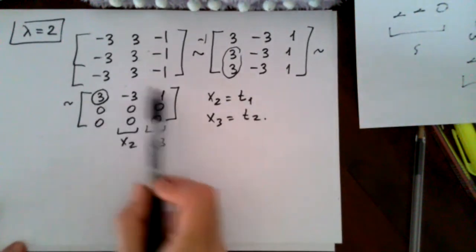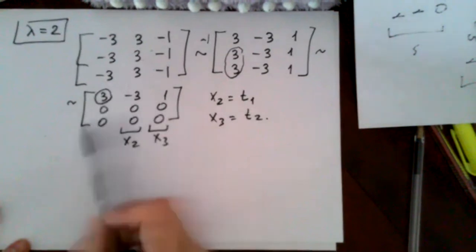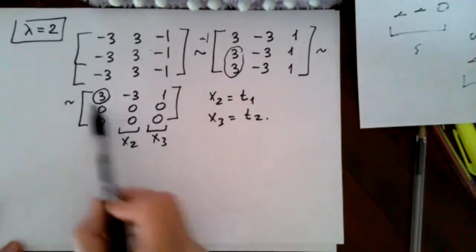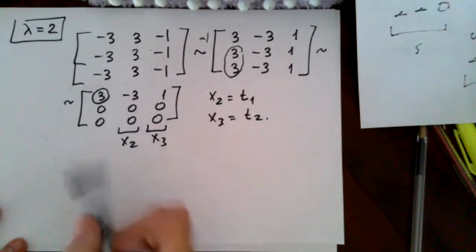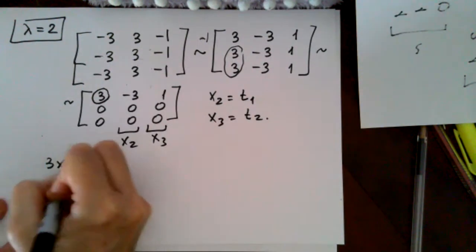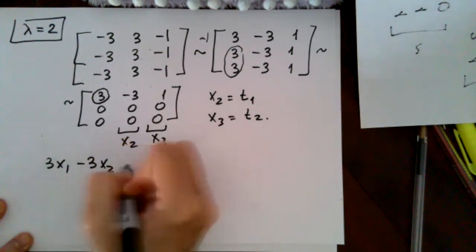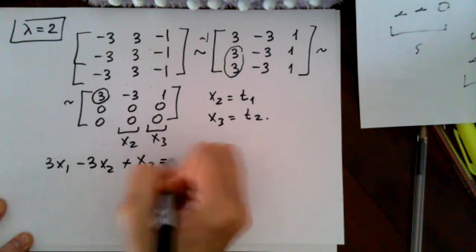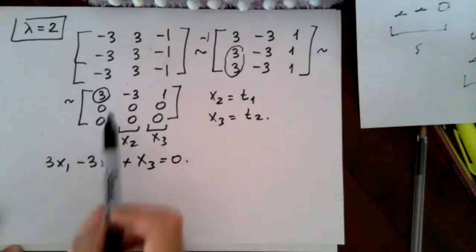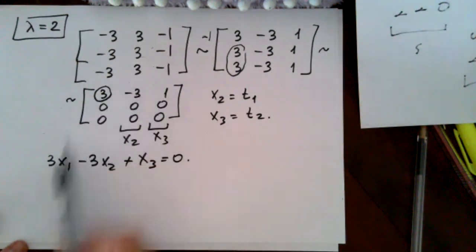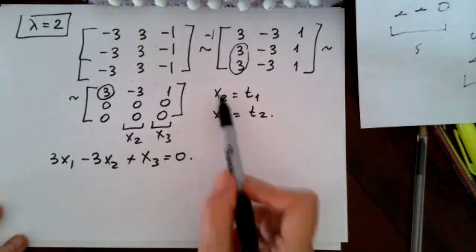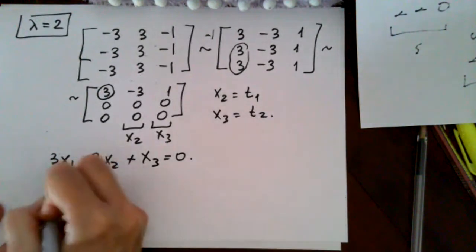Okay, and now we need to switch back to the system of linear equations. It's not going to be a system, actually. It's just the first remaining equation: 3x1 minus 3x2 plus x3 is equal to 0. That's how the first row gives us the first equation. We need to substitute our results, our notations here.